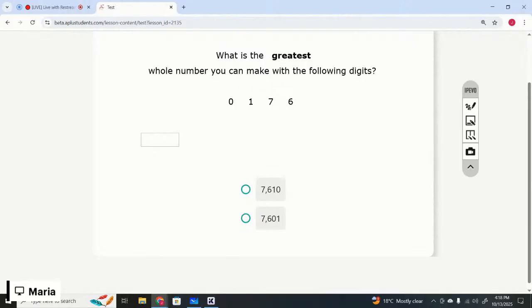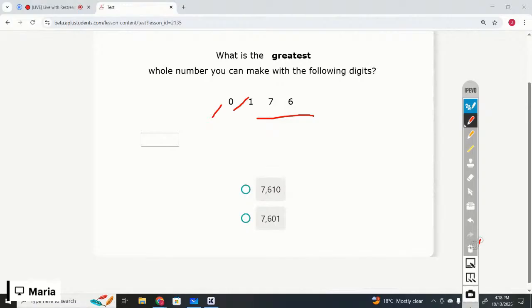What is the greatest whole number you can make with the following digits? Now we are going to make the greatest number. So how do we make the greatest number? Let's just make a place value chart. We have a 4-digit number. So the places we have are ones, tens, hundreds, and thousands. So write down the greatest digit at the greatest place value. The greatest digit is 7. So you need to write down 7 at the thousands place.